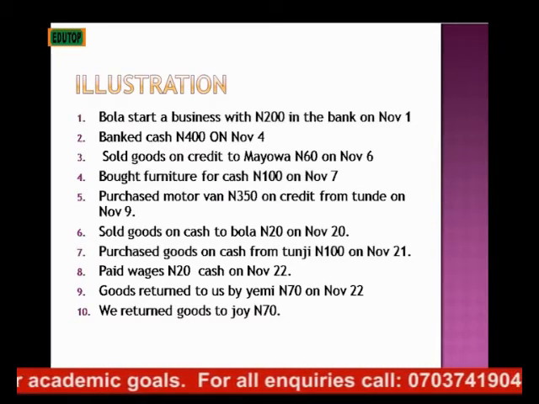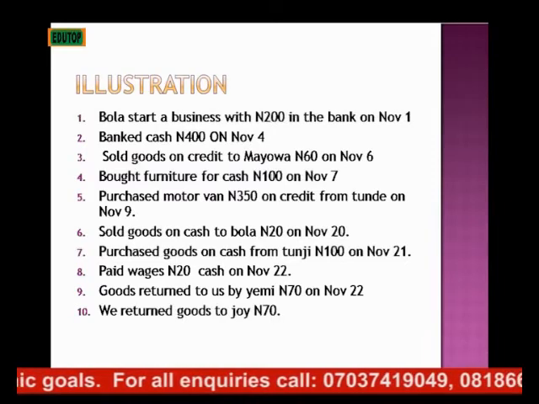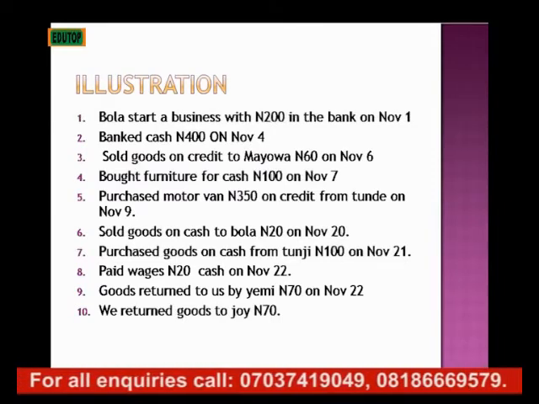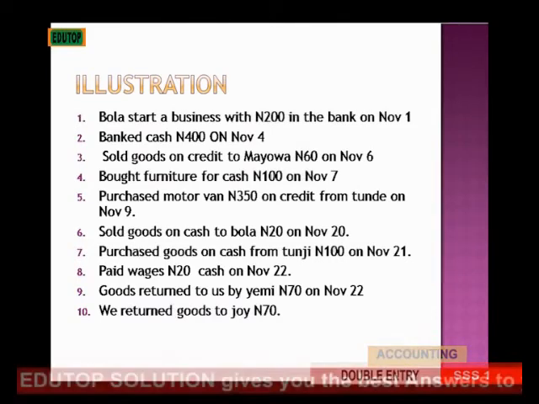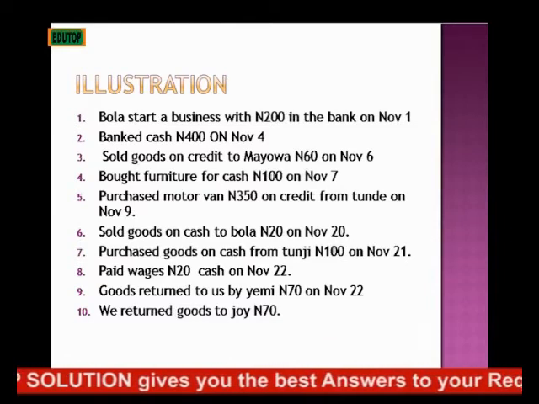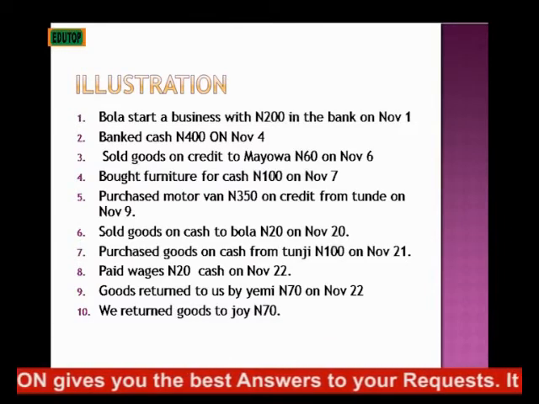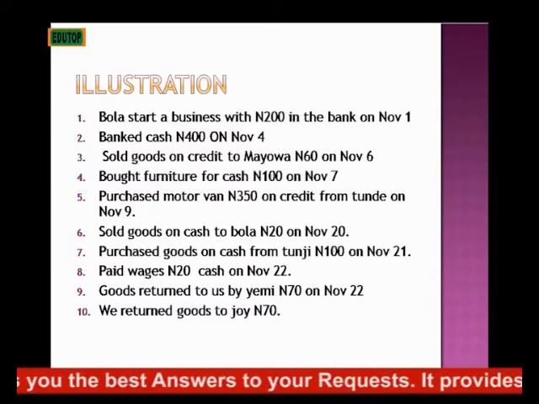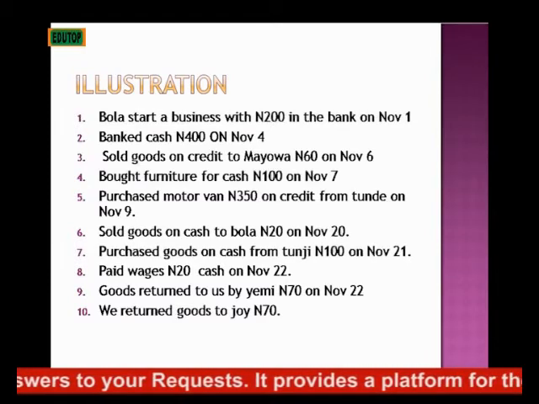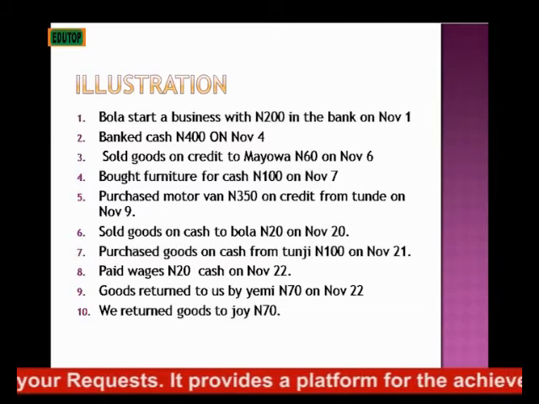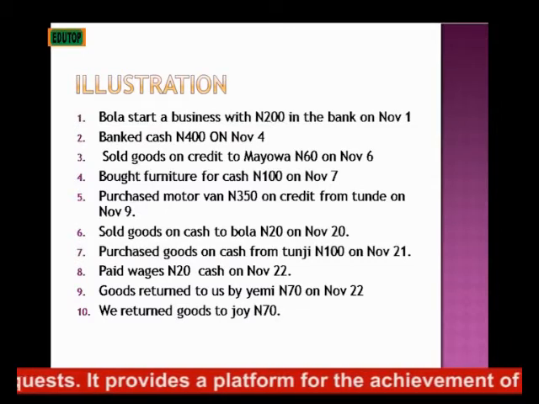Number 5 says purchased a merchant van 350 on credit from Tunde on November 9. Number 6 says sold goods on cash to Bola 20 naira on November 20. Number 7 says purchased goods on cash from Tunde 100 naira on November 21.